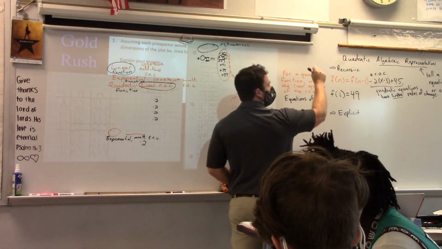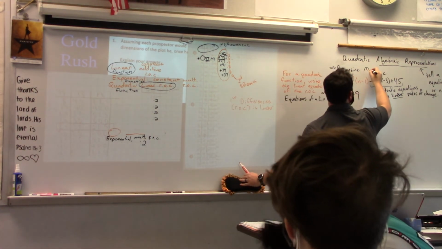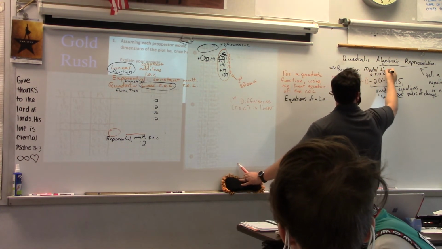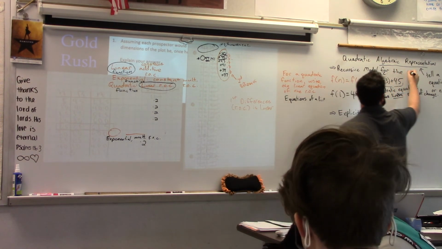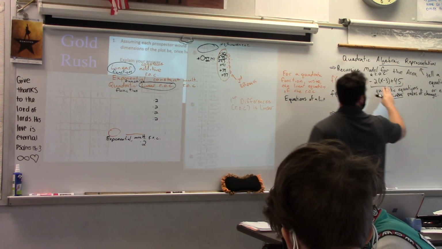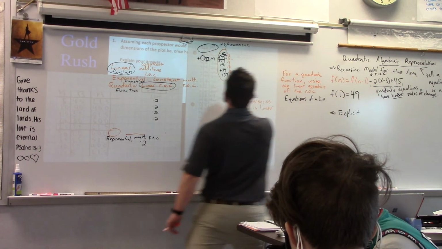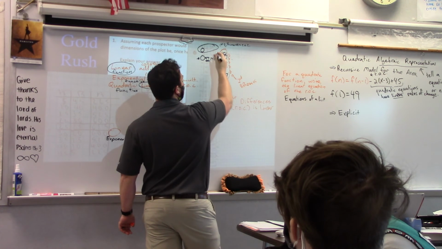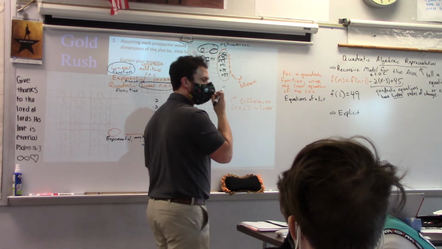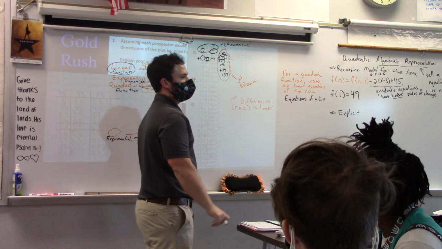But this is still a recursive model for the area. So this is the equation for the rate of change, but if I look at the area, a height of 1 had an area of 49. That's my starting point.